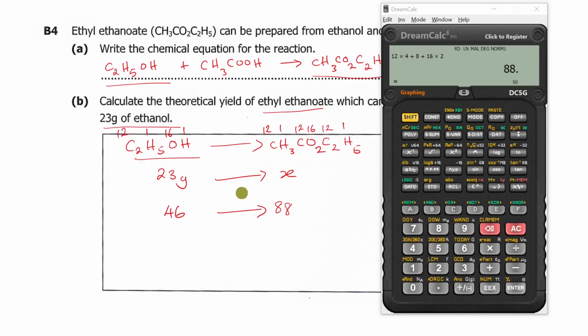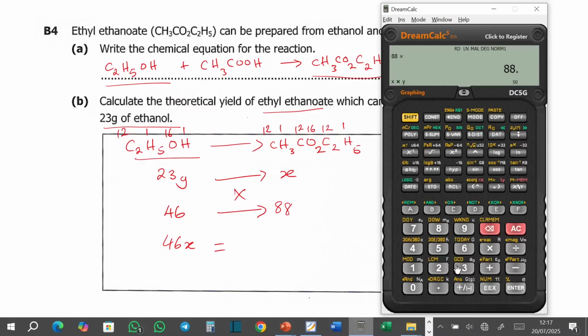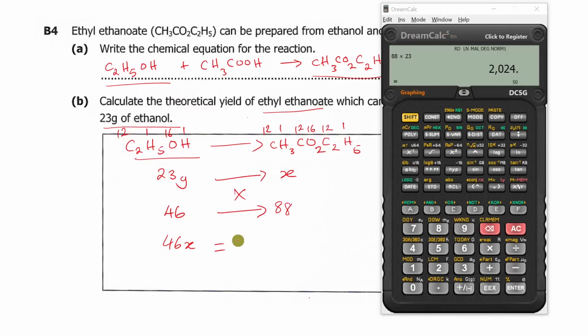Then you cross multiply to find x. So 46 times x, 46x, equals 23 times 88. So 88 times 23, we are getting 2024. Now to get x, we divide by 46, also here by 46, so that this goes.